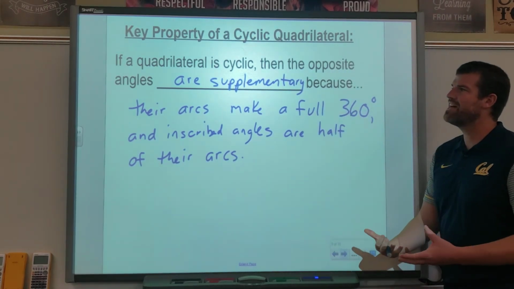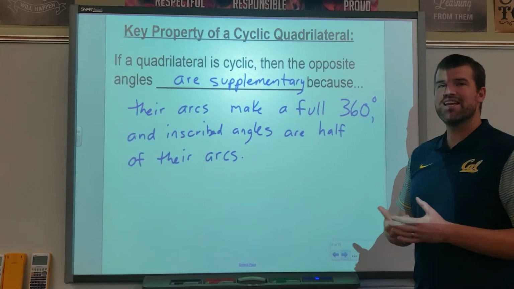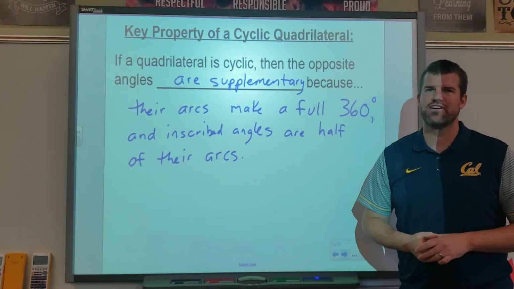So if we know that together the opposite angles form 360 degrees, we know that together they add up to half of that, which is 180.